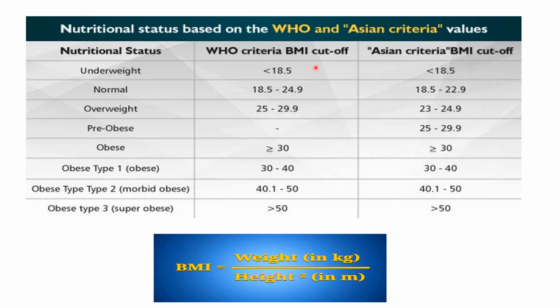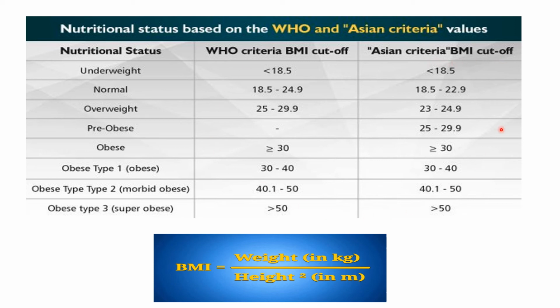Earlier, this was there only for adults, that is above 18 years. Nowadays, when the Z score values have come, these values are also there for children, the small children and also the older children. This is the WHO criteria BMI cutoff, and this one is the Asian criteria BMI cutoff.